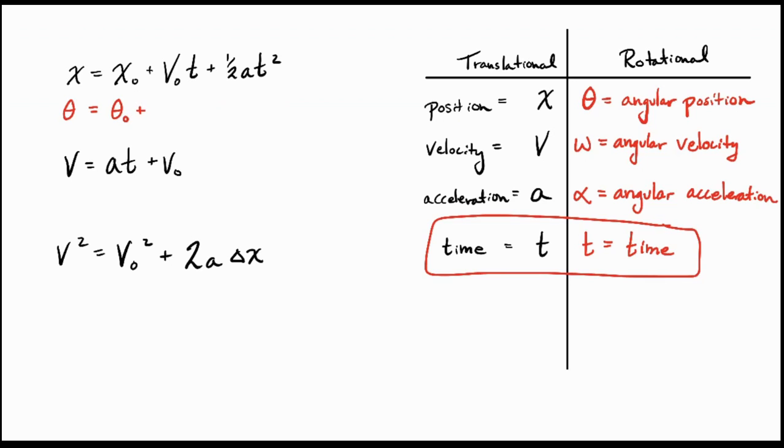Instead of starting velocity, I'll put starting angular velocity. And then time, and 1/2. And then instead of acceleration, it's going to just be angular acceleration. And then time is the same again. That's the same equation that you've used since chapter 1.